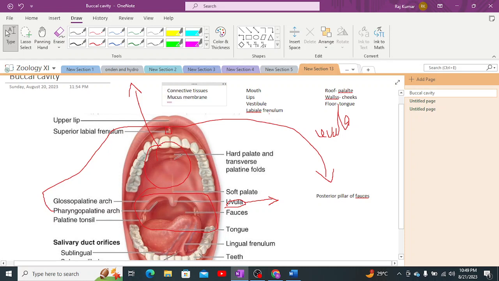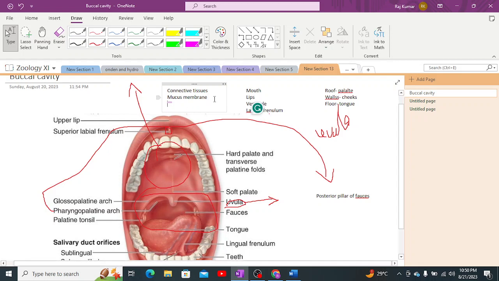It has mucous membrane secretion. This mucous membrane provides lubrication to the food, and also allows it to catch particles, or anything which can be harmful, which can get stuck inside the mucous membrane.